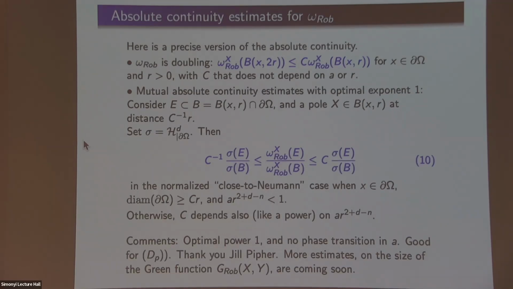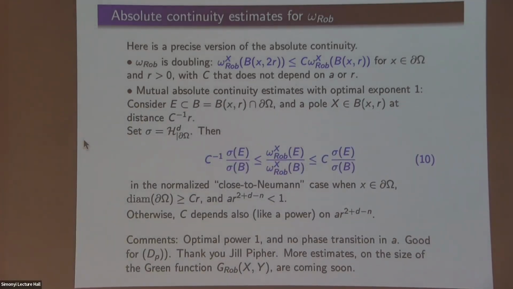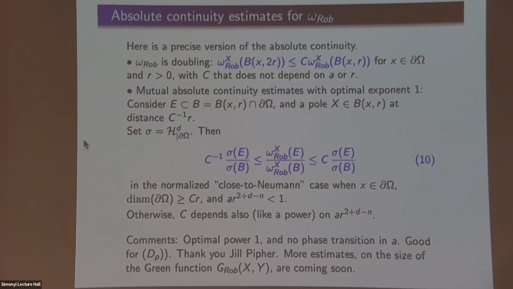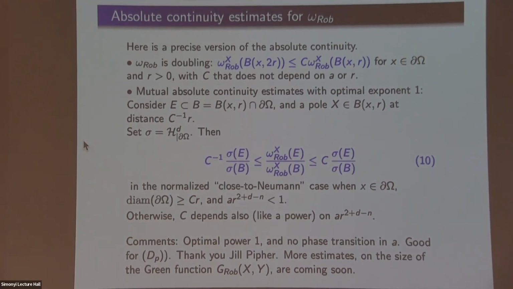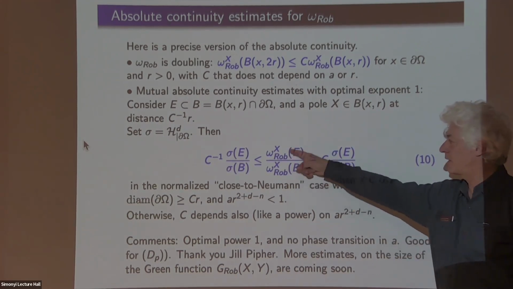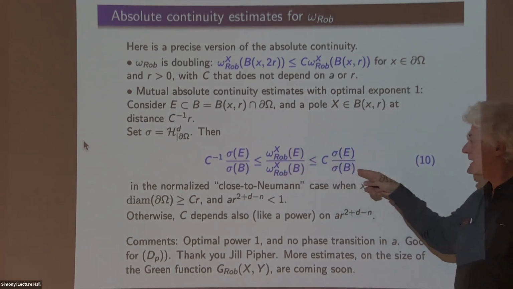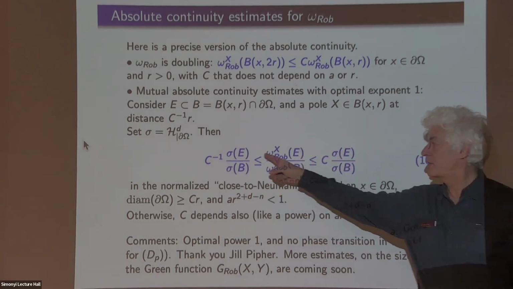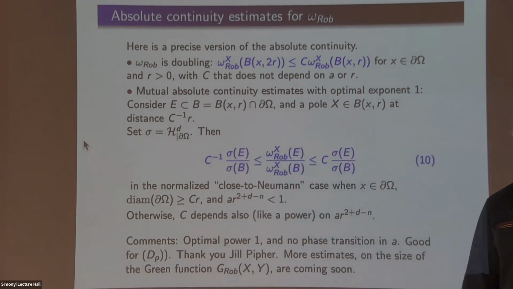Yeah, so I was saying everything is nice, and I'm also saying that in the present situation, the estimate that we get is better than what we had before, because harmonic measure in the ball is in fact essentially proportional to surface measure. So before there were exponents here, now we don't have them.